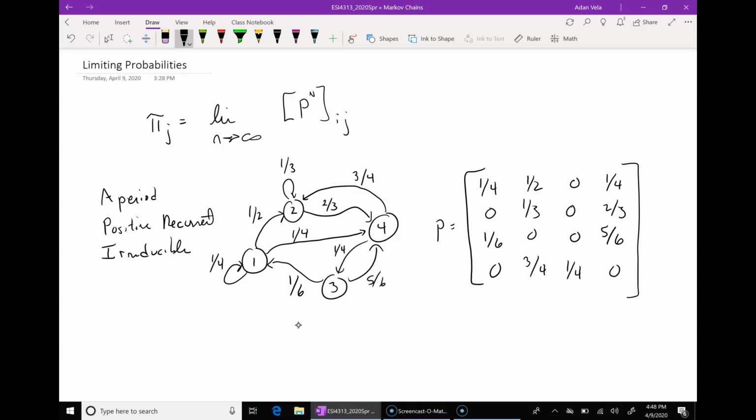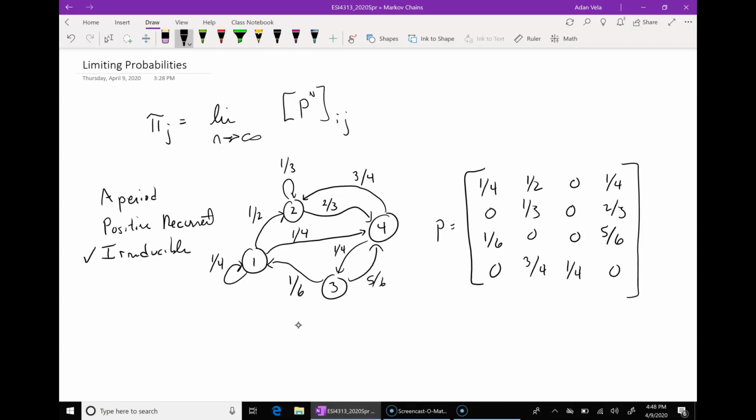Right off the bat, I can see 3 and 4 communicate with each other without a problem. From 3, I can get to 1 and 2 and 4 and get back to 3. Because I can do a loop between all these states, all the states communicate with each other, so they are irreducible.